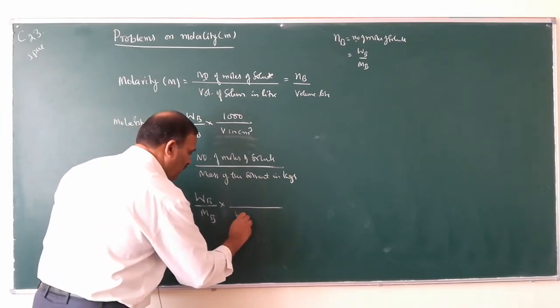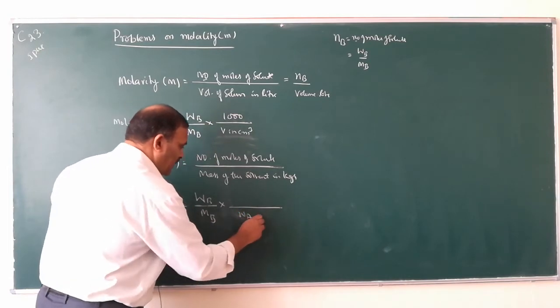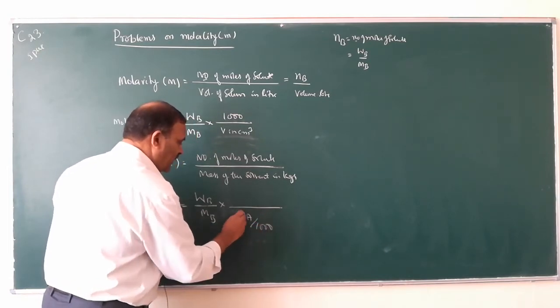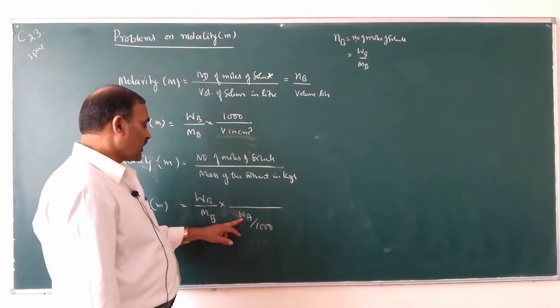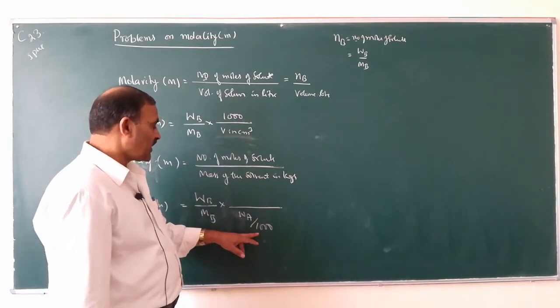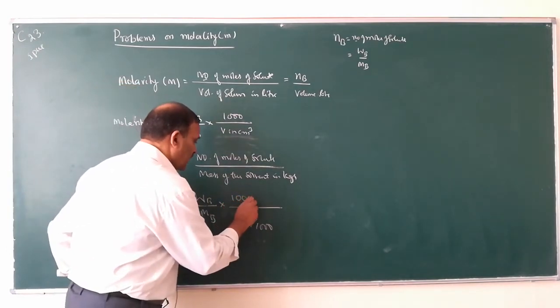So WA divided by 1000. If the weight of the solvent is given in grams, it should be converted into kgs, dividing it by 1000. Therefore 1000 goes to numerator.